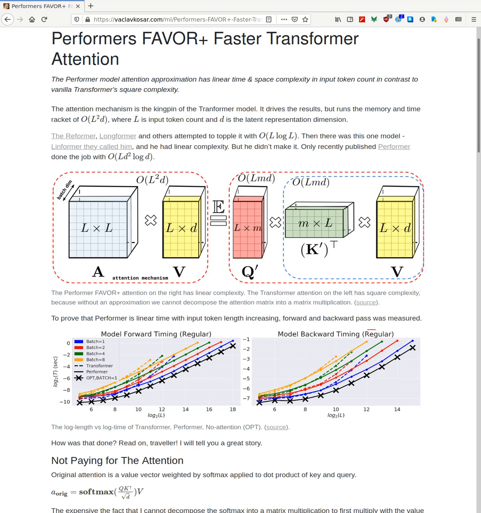It uses kernel approximation to approximate the attention matrix by decomposing it into a multiplication of two matrices, and using this we can reduce complexity in the sequence length, and we can effectively start doing transformers on longer sequences, for example 4,000 tokens.